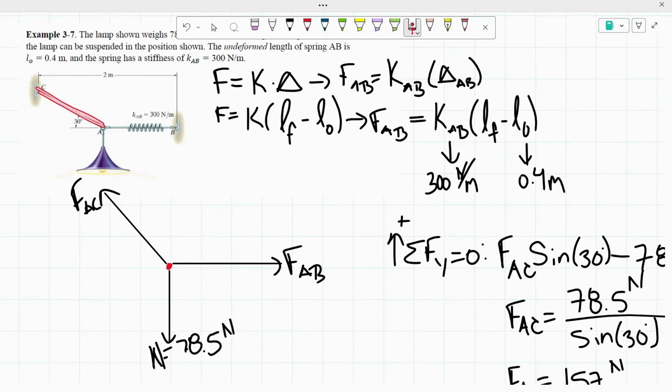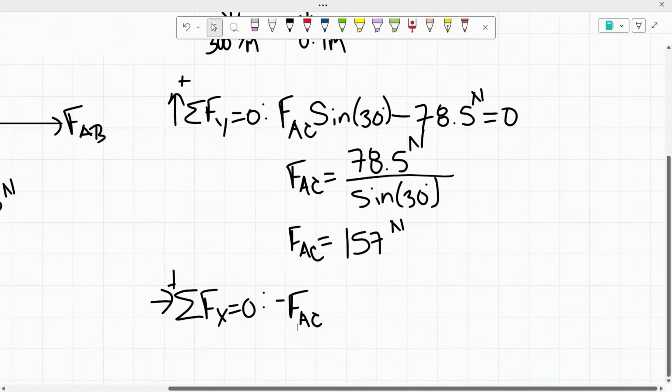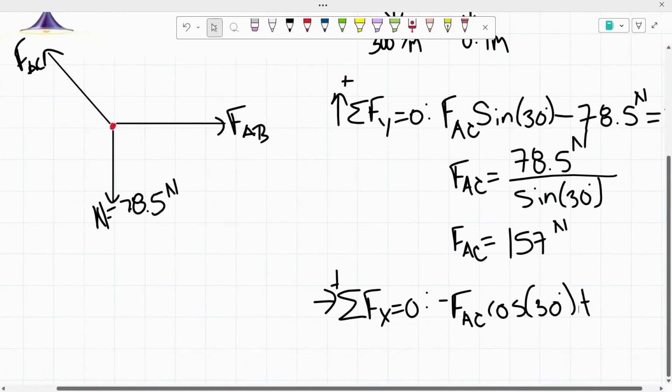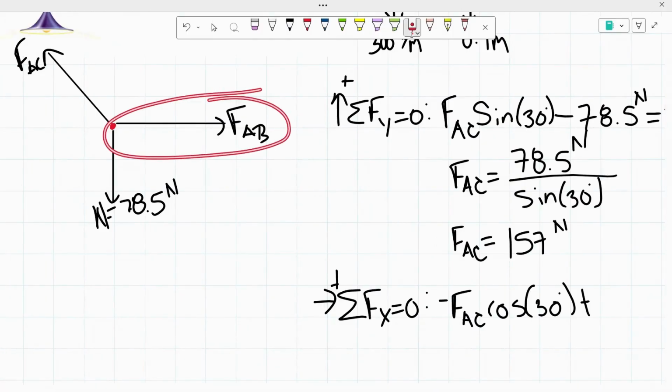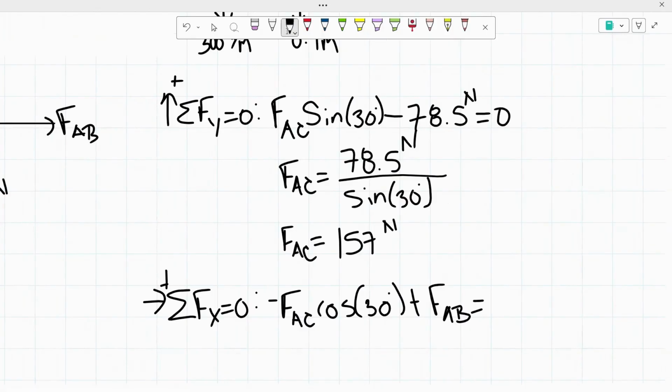Using the hypotenuse, that gives us the adjacent side and hypotenuse. And if you remember, cosine is adjacent over hypotenuse. So for our x components, instead of using sine, we're going to be using cosine. So cosine of 30 degrees plus, and we don't know what F of AB is, but we know that's positive and it's already horizontal. So we're just going to put plus F, the force of AB, and that also has to equal 0.